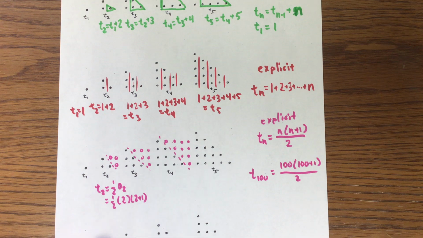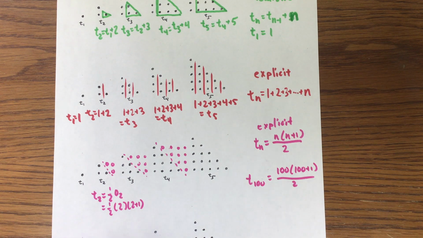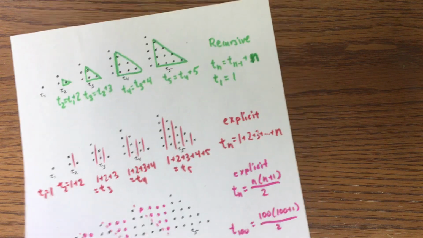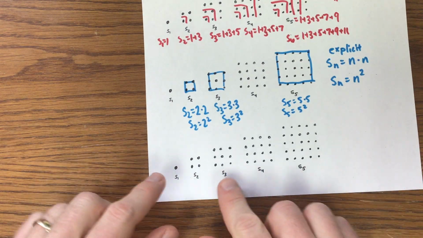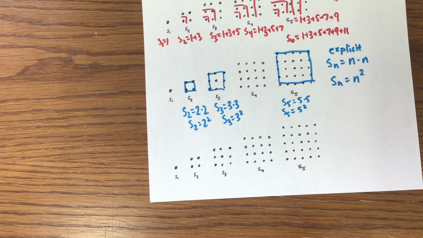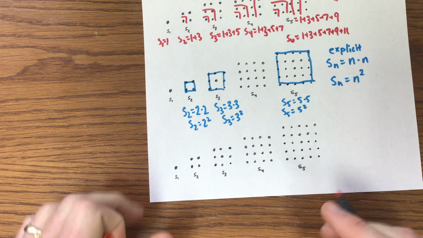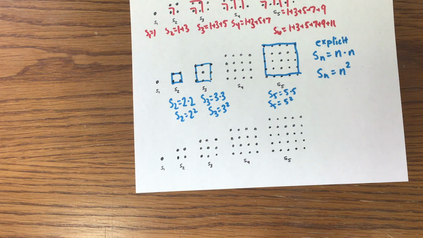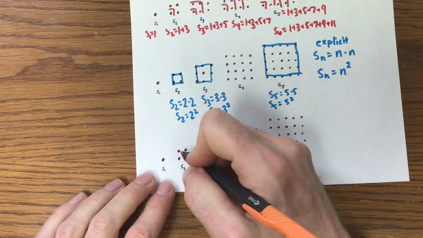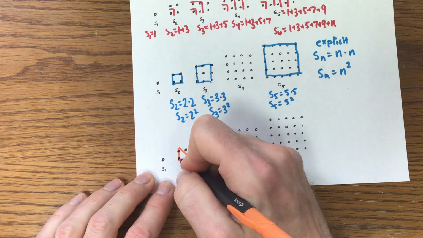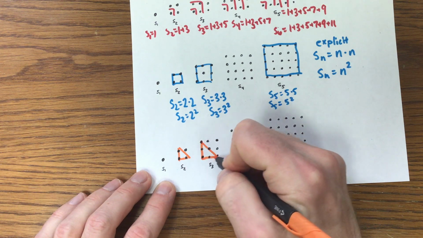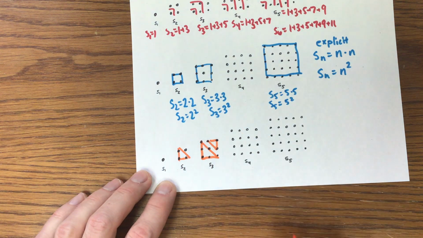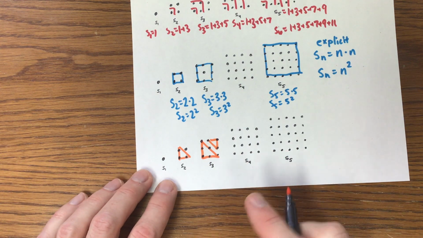One other thing that I like to look for in these square numbers: I already saw square numbers hiding in oblong numbers. Now I want to see if I can find triangular numbers hiding in the square numbers. So if I look here, I have a triangular number. There's a triangular number, and up there's another triangular number, but they're not the same.